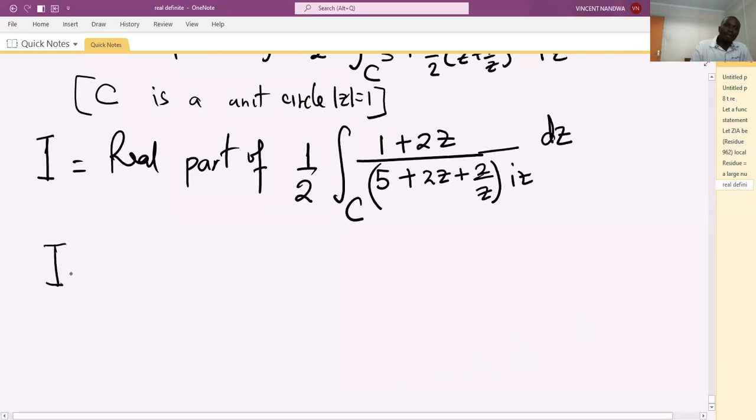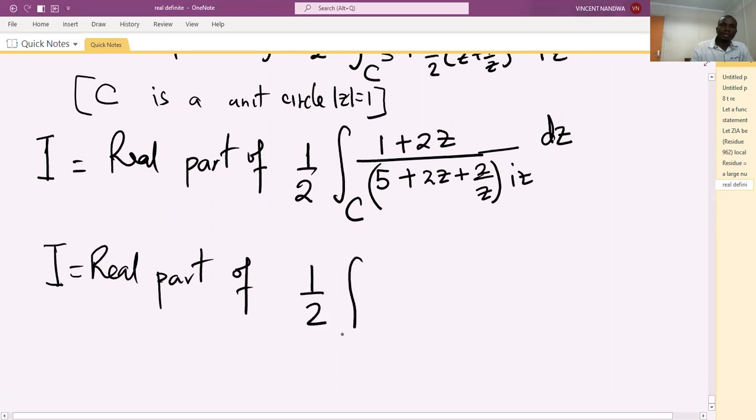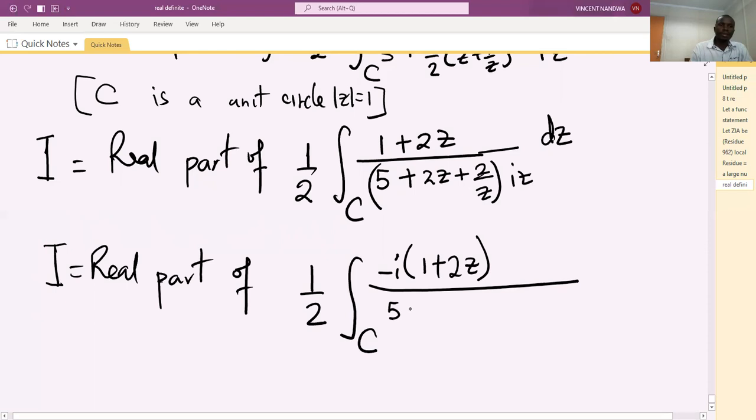So I will be the real part of a half integral. I can multiply both numerator and denominator by the conjugate of this one. So I'll say minus i into 1 plus 2z, and then the denominator will be 5z plus 2z squared plus 2, because now z times 1 over z is 1.